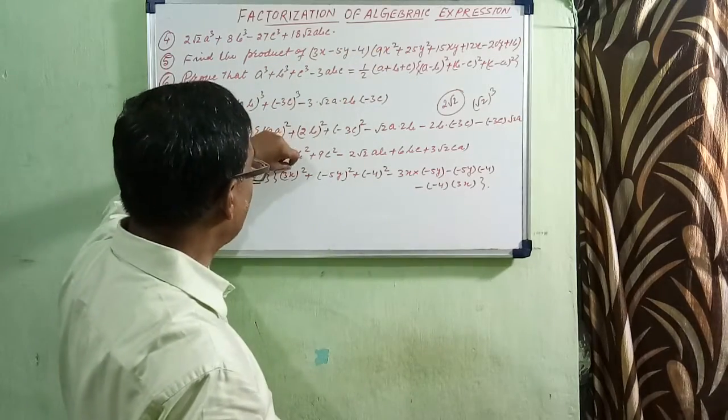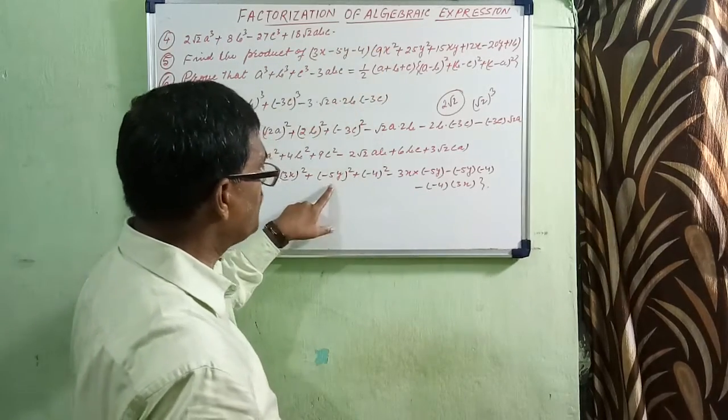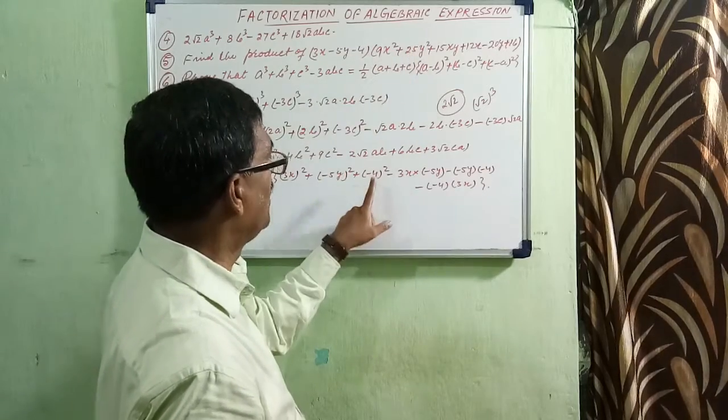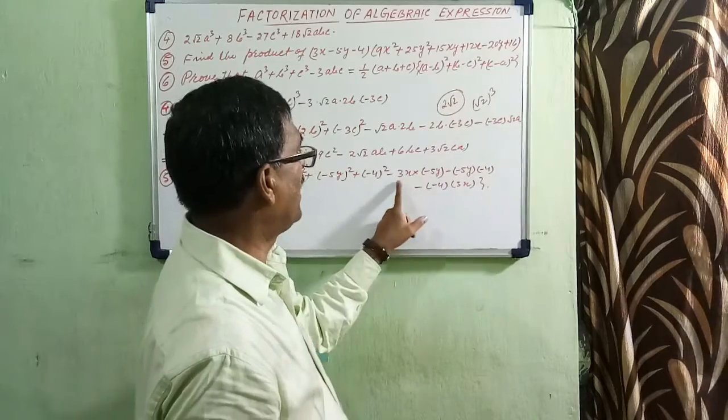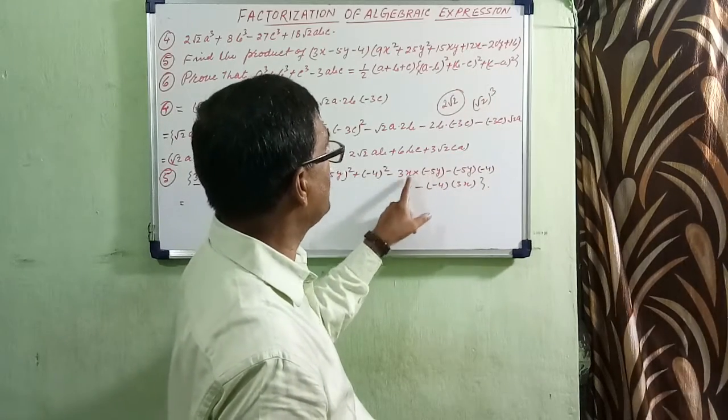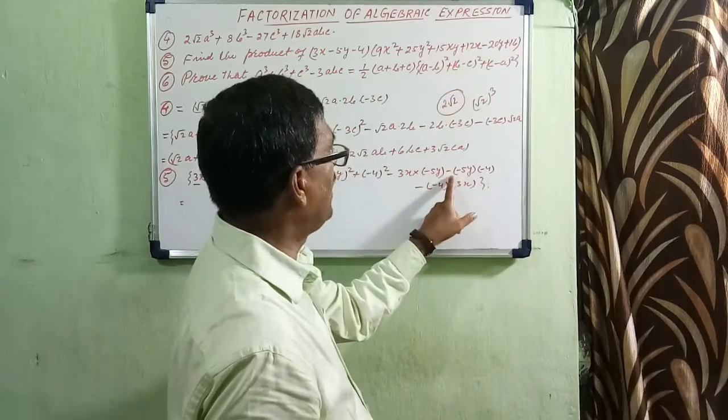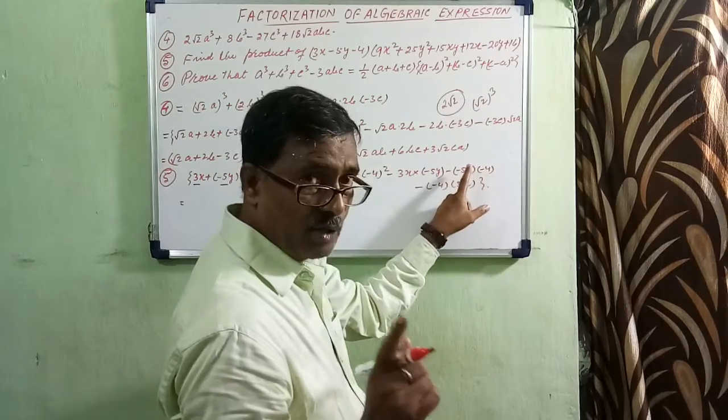How? 3x whole square, 9x square, minus 5y square, 25y square, minus 4 whole square, plus 16, minus into minus plus 15xy, minus into minus, that is how much?